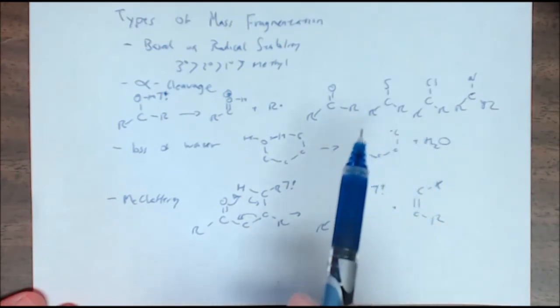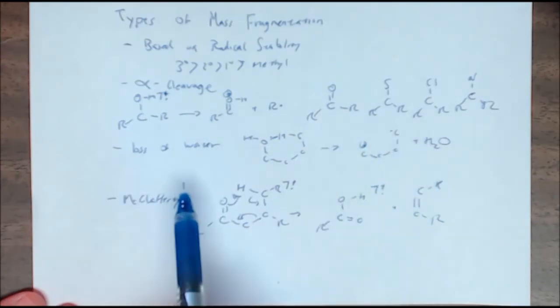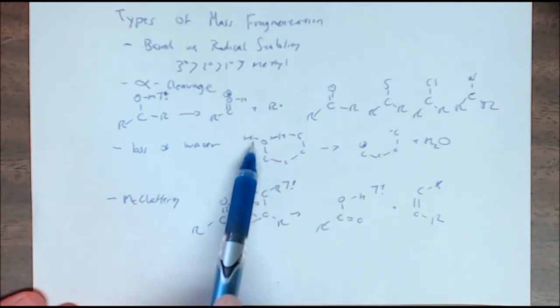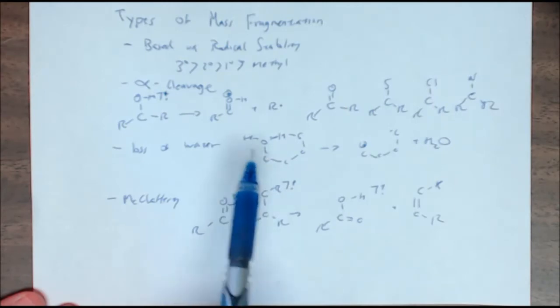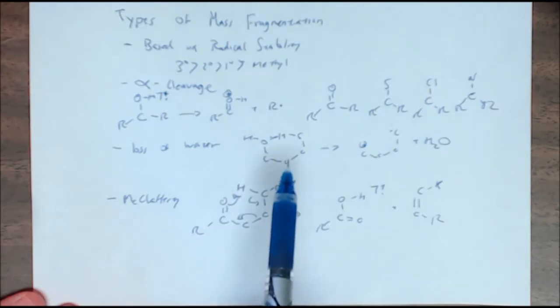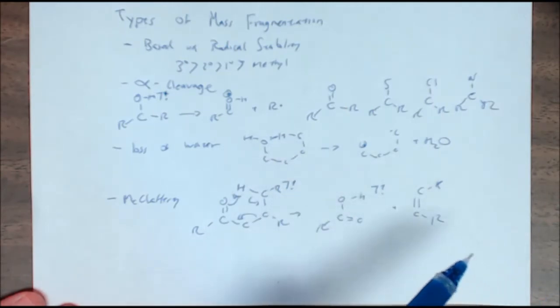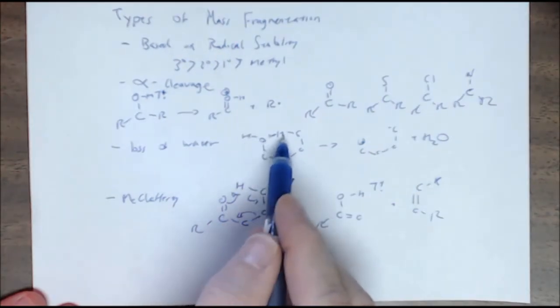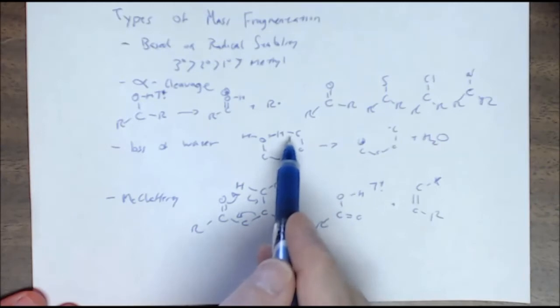The next type of cleavage that we expect to see is loss of water. If there's a way for an oxygen to reach out and grab a hydrogen and then fragment, it's possible. This happens if the molecule itself can wrap into a position so that the oxygen, this alcohol, can reach out and grab another hydrogen that's near a carbon.